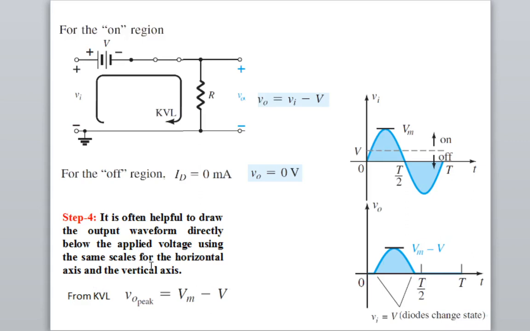It means whenever you draw the output waveform, you take the same scale as the input signal, the same on both the x and y axis.